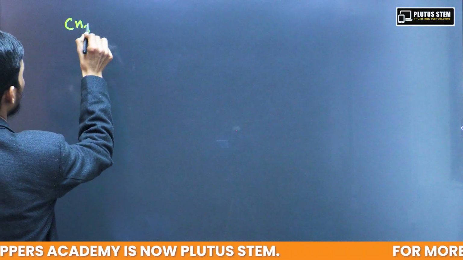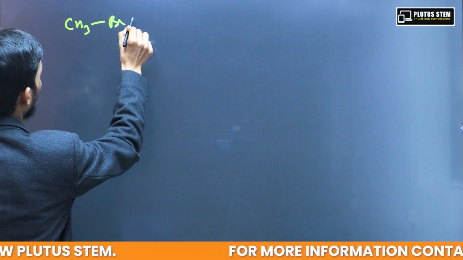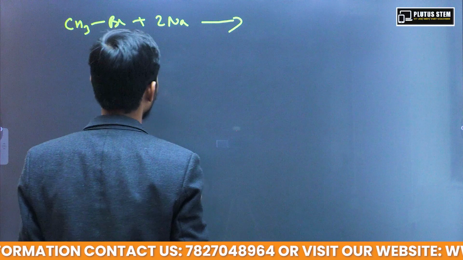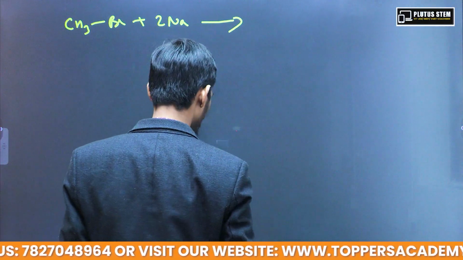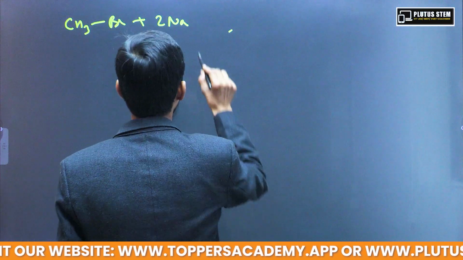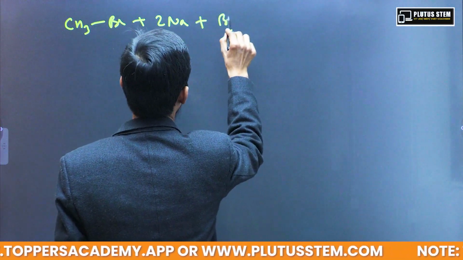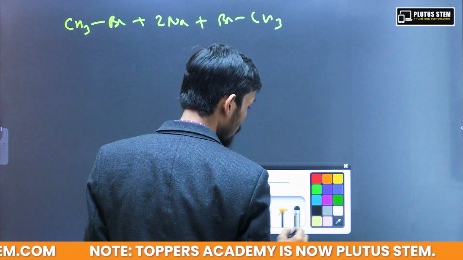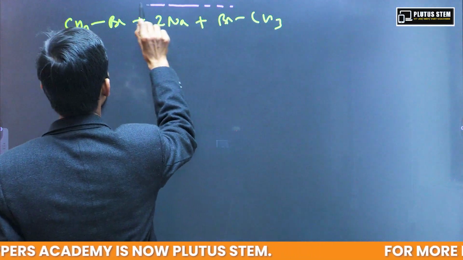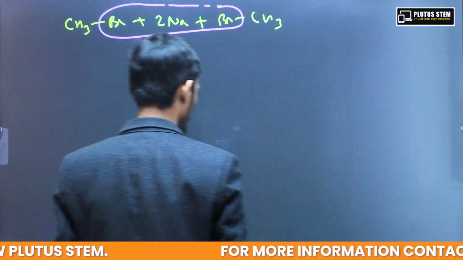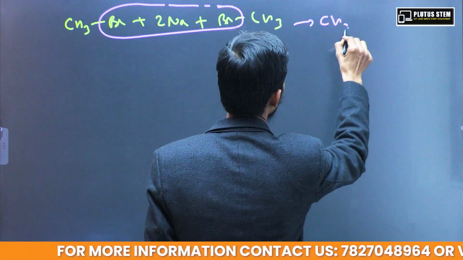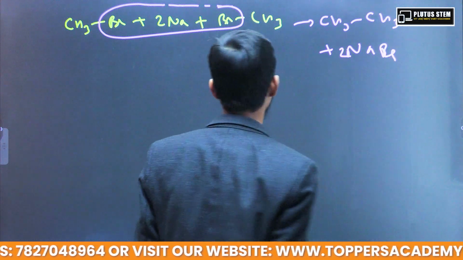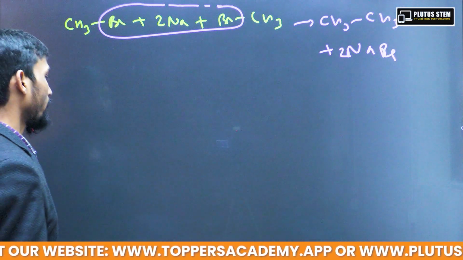If we are having CH3Br plus 2Na, the easiest way to remember this reaction is: if you don't need to remember the mechanism, you can just simply remove Br, and this bond is going to form CH3 single bond CH3 plus 2NaBr. So this is the easiest way we can form this.